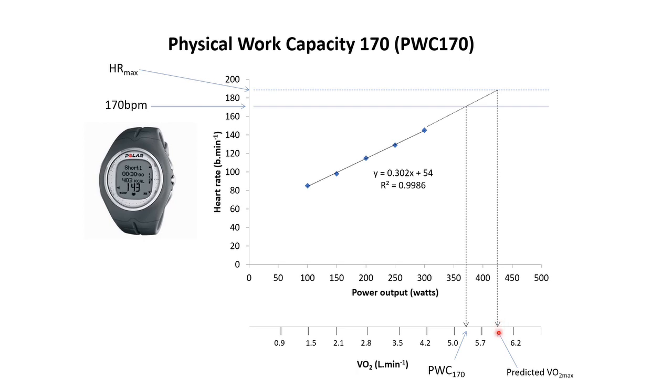It's around 5.9 litres per minute at this maximum heart rate. So I can work out the maximum amount of oxygen I'm consuming in exercise without actually doing a full VO2 max test. I can just do what's known as a sub-max test, which is below my maximum. I just need a few data points to get a line, extrapolate it out, and then I can calculate my VO2 max.